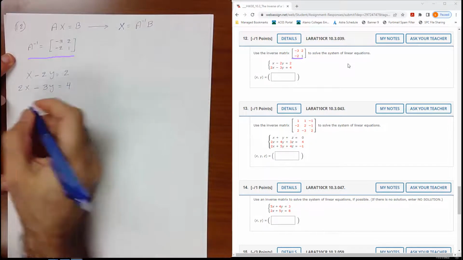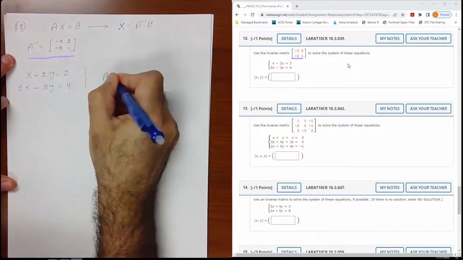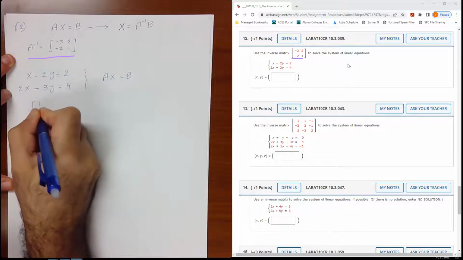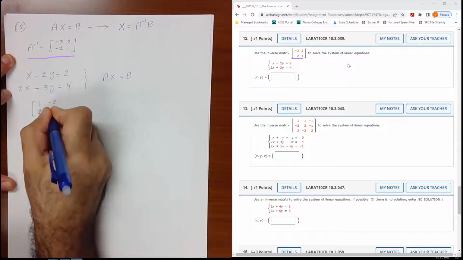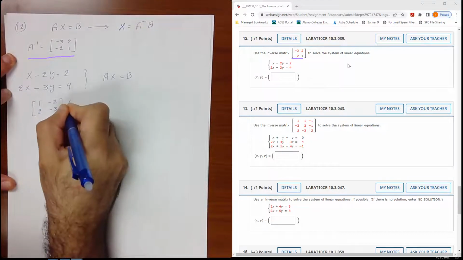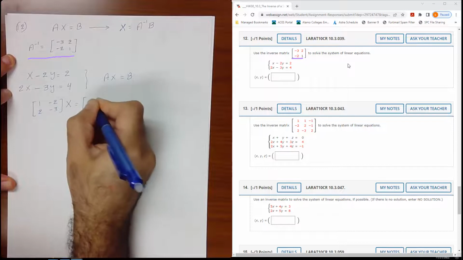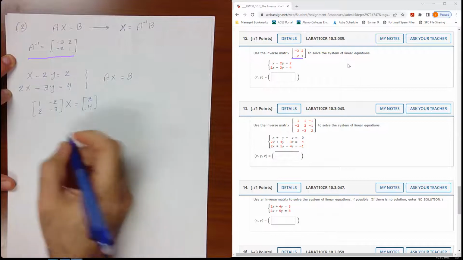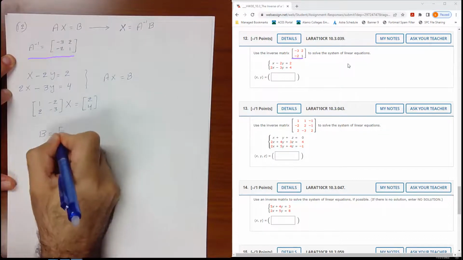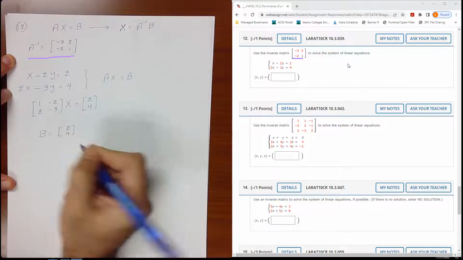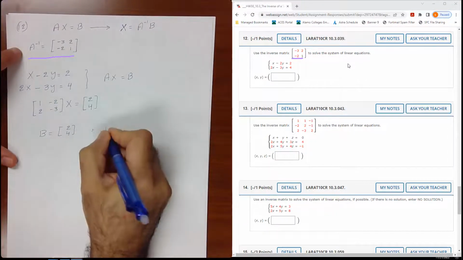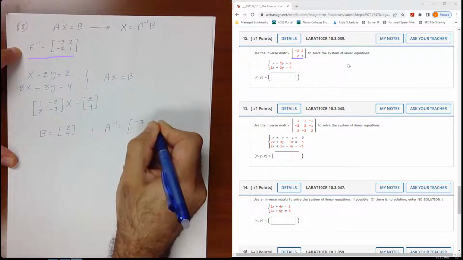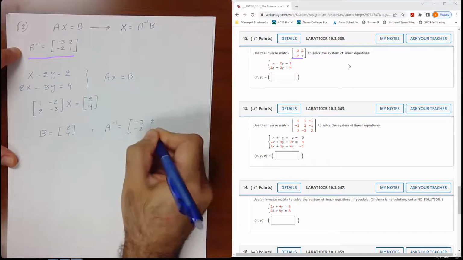The system means AX equal B. So the matrix A for this one is 1, -2, 2, and -3 times x equal the matrix B, which is 2, 4. The only thing I need here is the matrix B. So I have B equal 2, 4, and I have the inverse matrix A inverse, which is -3, 2, -2, and 1.